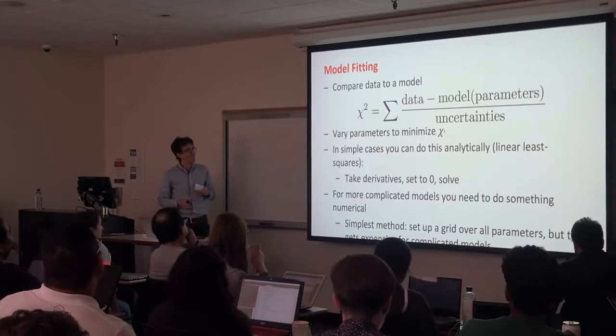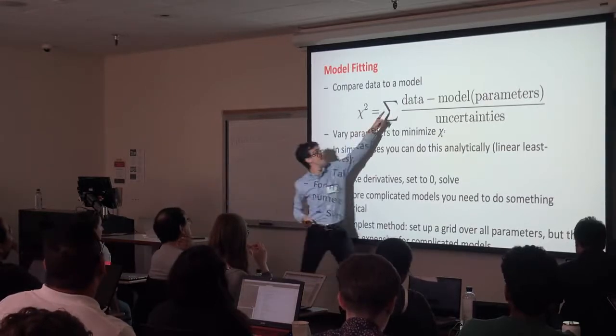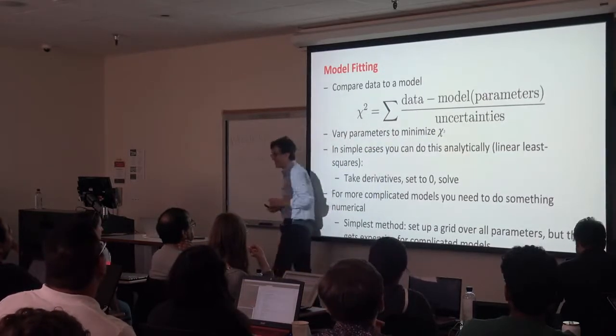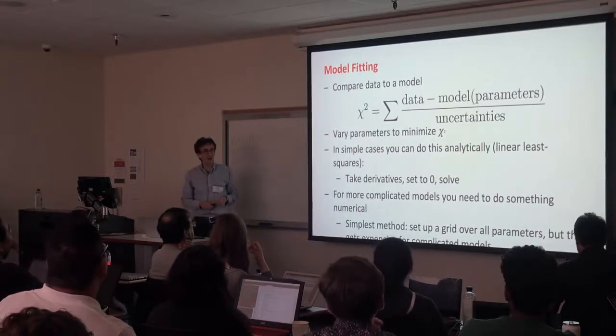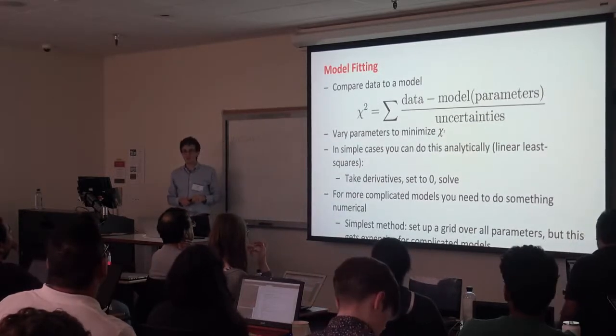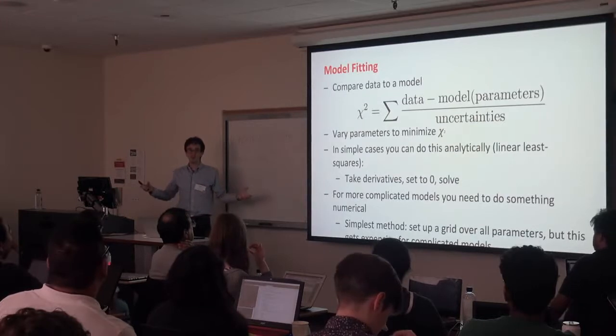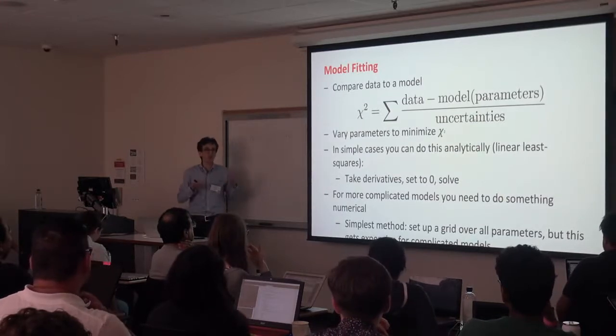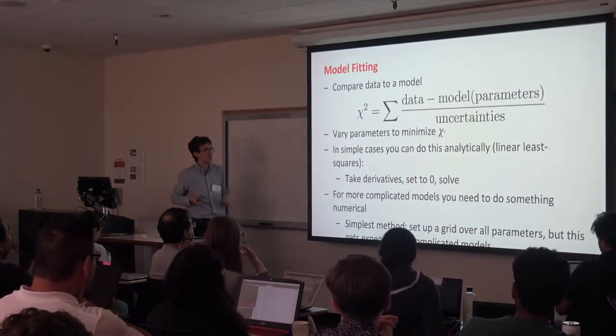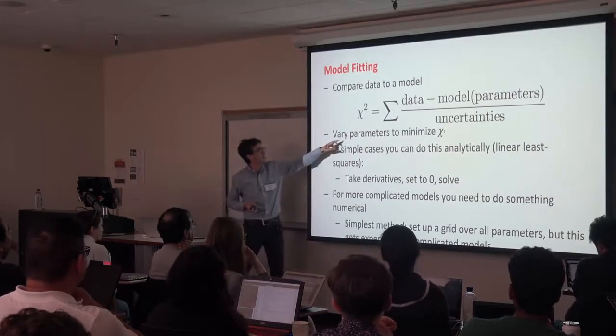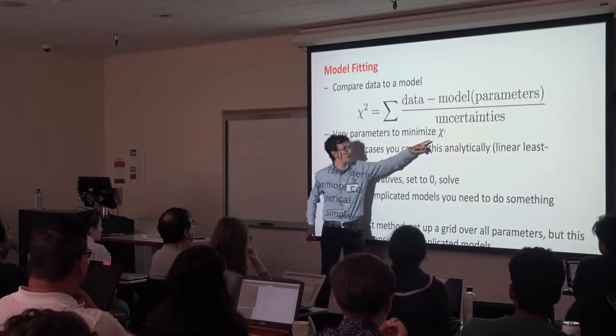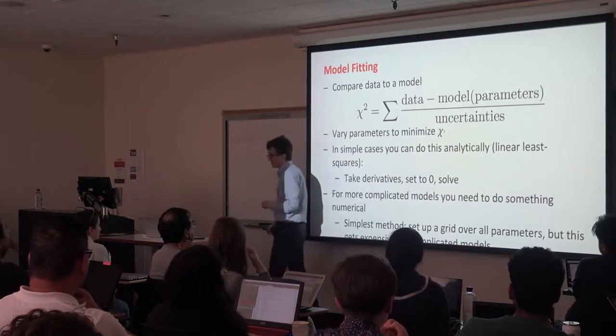But in principle, you need to put parentheses and a squared around that whole thing. But it's the data minus the model divided by the uncertainties. And the model depends on some parameters that you want to get out. You want to know what is the underlying model that describes your data. So you would vary your parameters to get the smallest possible value of chi-squared.